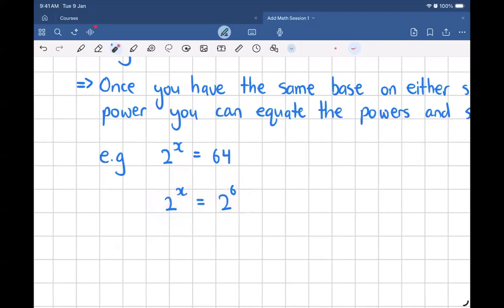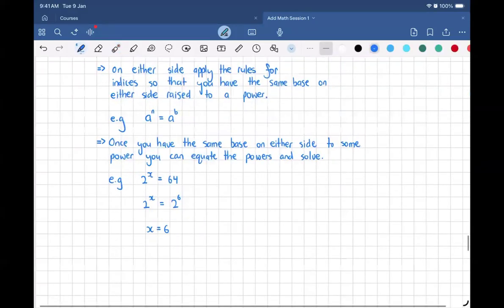Is that something that's confusing you? Also, Shay, if I want to get 64, wouldn't x also have to be 6? So we get 2 to the power 6 is equal to 2 to the power 6? Yes, sir. Great. So x is equal to 6. That was fairly simple. Let's do another example.